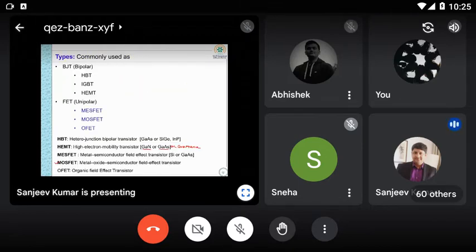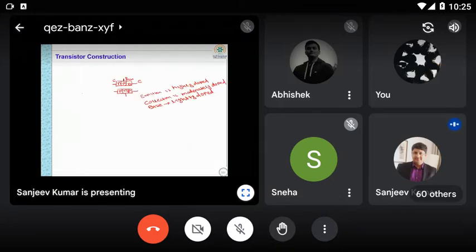Okay, now first, as I told, we'll discuss the BJT part, then we'll go for the FET part. So for BJT, we'll see the construction point of view. If you see the diagram, there will be two types of BJT: NPN or PNP. In a transistor, there will be two PN junctions.